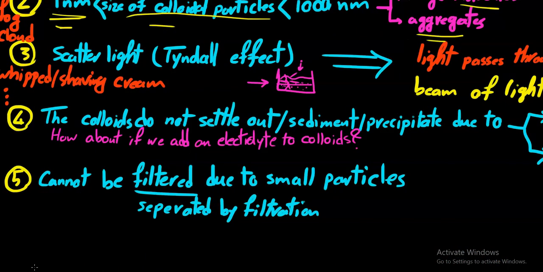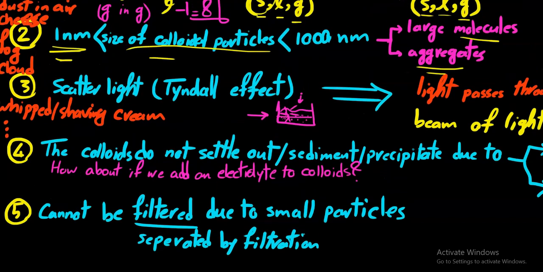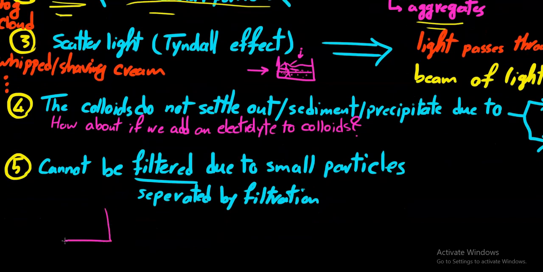One of the most important characteristics of colloids, it's really important to understand this part: just suppose this is a glass of water and we have some colloidal particles. Colloidal particles have 2 characteristics.